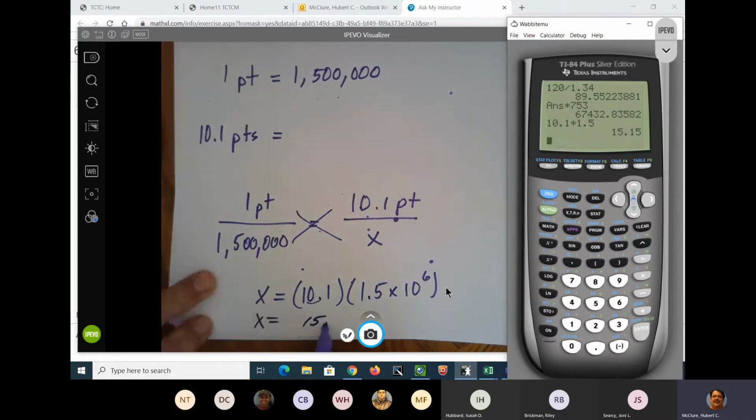X is equal to 15.15 times 10 to the 6th.